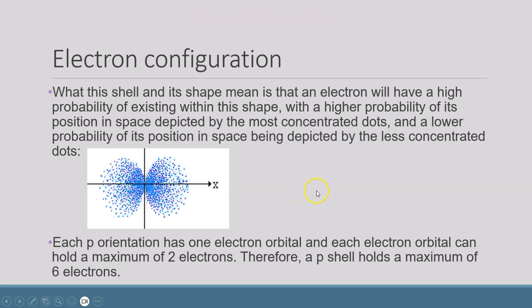Each P orientation, as I already mentioned, has 1 electron orbital. Each orbital can hold a maximum of 2 electrons. 2 electrons times the 3 different p orientations allows a p shell to hold a maximum of 6 electrons.